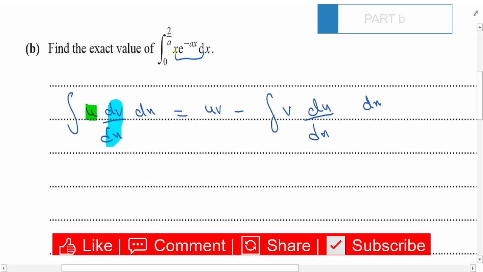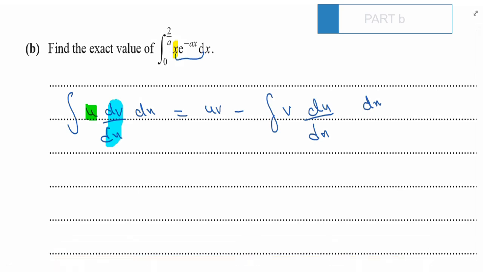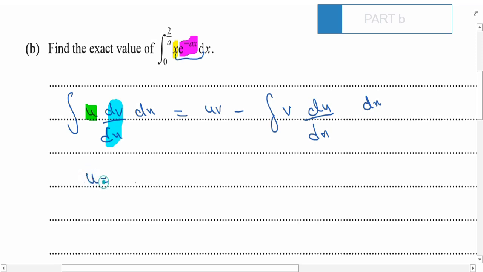So either u is x or u is e to the power of minus ax. Let's say u equals x, then du by dx equals 1.